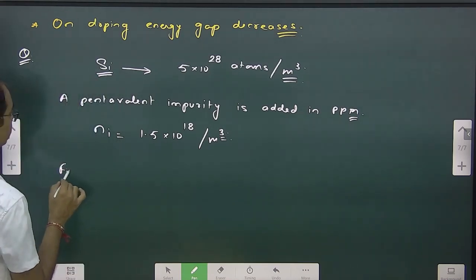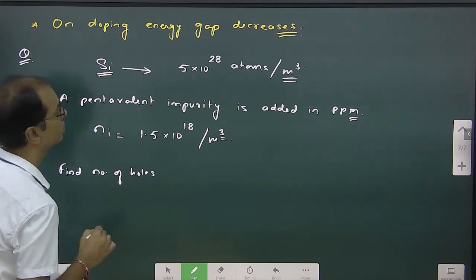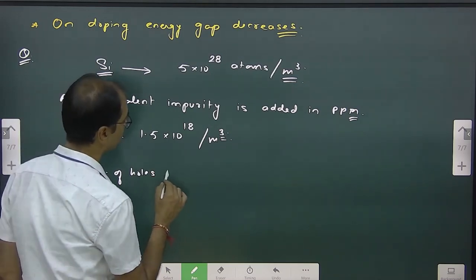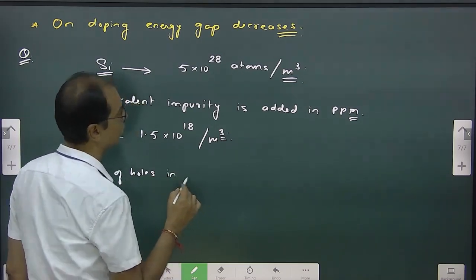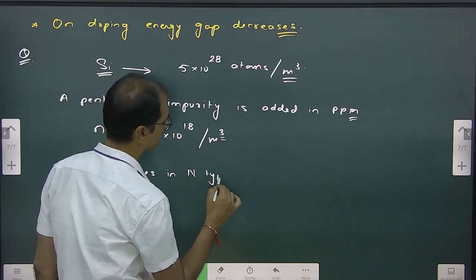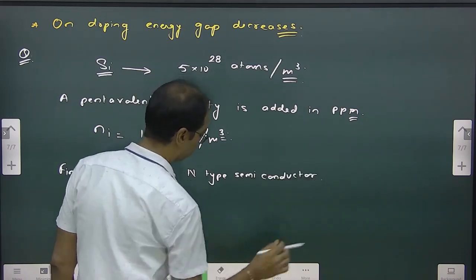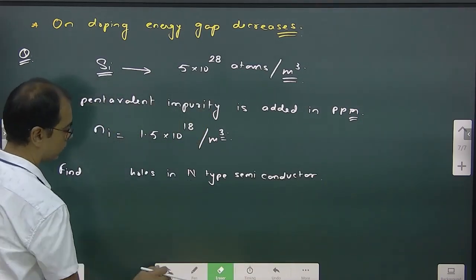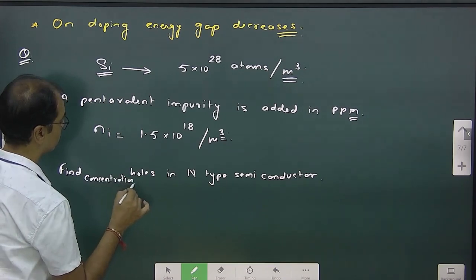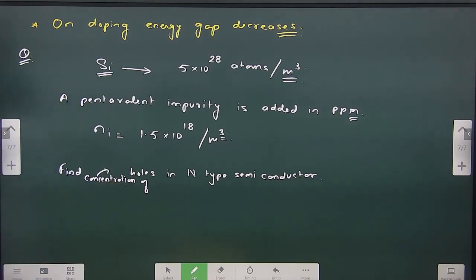Find the concentration of holes in N type semiconductor, not number of holes, concentration. Note the information.